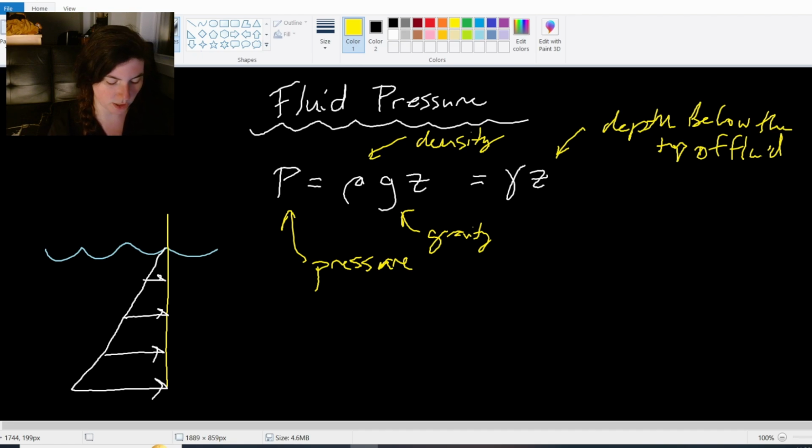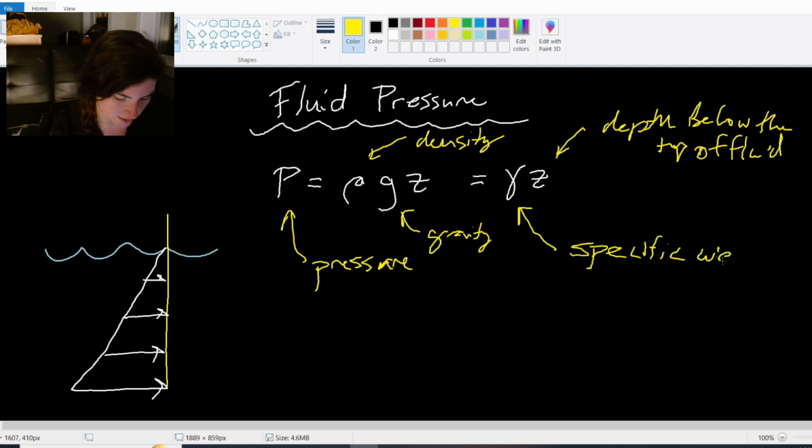This equation can also be rewritten with this gamma, and gamma in this situation is specific weight. Specific weight is literally just density times gravity. That's all specific weight is. We use it because we're here on Earth.